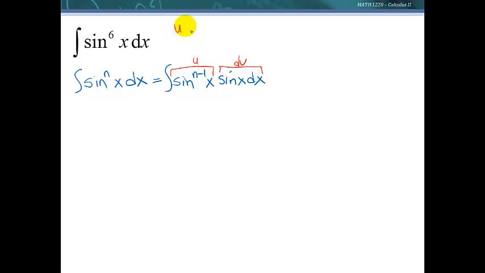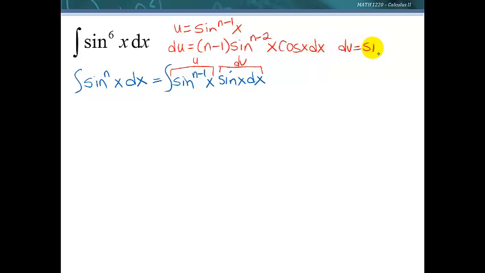So we have u is sine to the n minus 1 x, so our du would be power out in front, n minus 1, decrease the power by 1, so sine to the n minus 2 x, and then chain rule multiplied by the derivative of what's inside, so cosine x dx. And then our dv was sine x dx, so our v must have been negative cosine x.